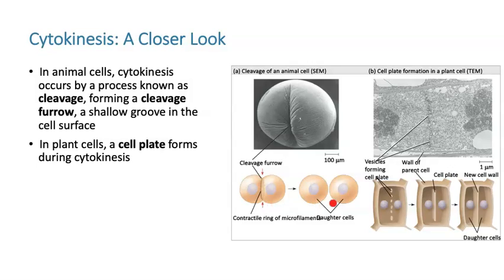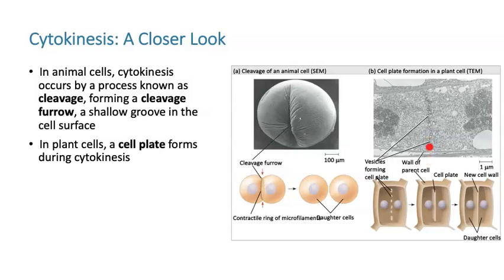until it's fully pinched in and two daughter cells form. Now, with plant cells, anything with a cell wall, that pinching in doesn't make any sense, because the cell wall is much too hard. So we don't pinch in a plant cell. Instead, during cytokinesis we get vesicles that form along something called the cell plate.